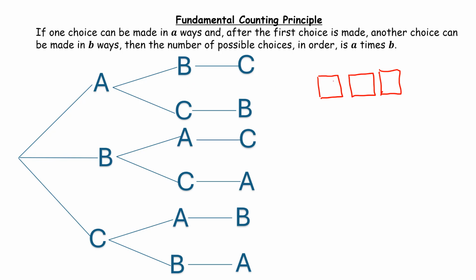So for the first box, the first position in this permutation, there were 3 choices, either A, B, or C. Then we already used the letter, so the second box has only 2 choices. And then the third box has just 1 letter left, and so there's only 1 choice. And that showed us that because of the fundamental counting principle, there are 6 ways to arrange A, B, and C.